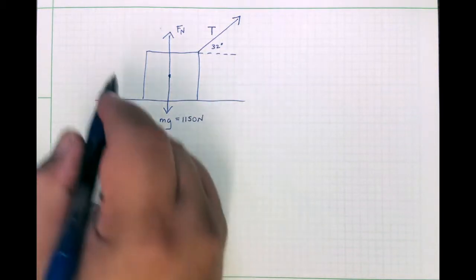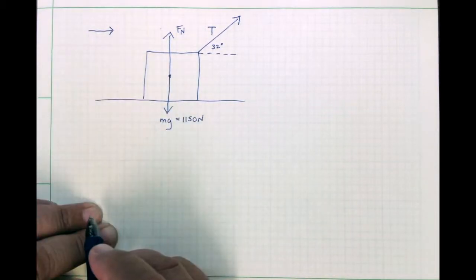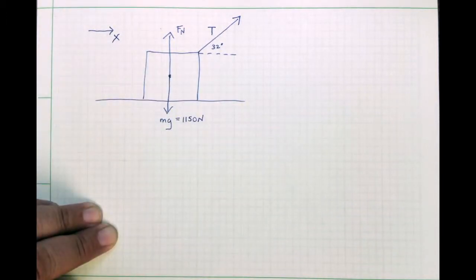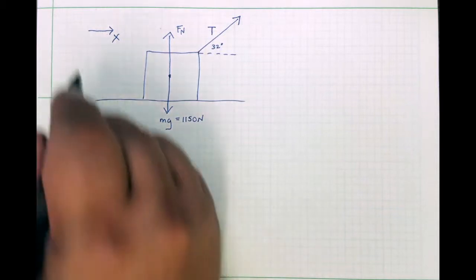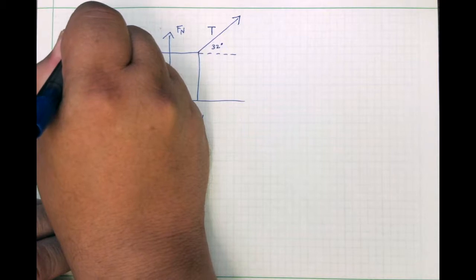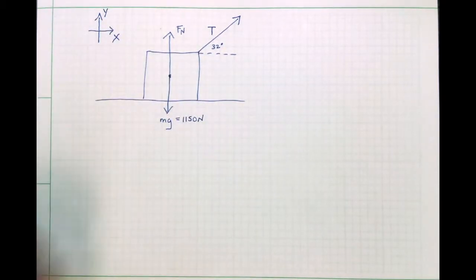And we can tell by looking at this situation that the crate is going to move in that direction. So it's probably a good idea to call that the positive x direction, horizontal to the right in this diagram. Then the y-axis is always perpendicular to the x-axis, and we will just arbitrarily select positive as up in the y direction. So we've selected a fairly standard coordinate system for this particular application.